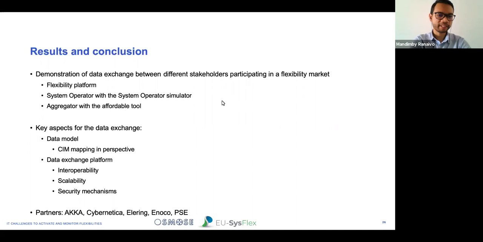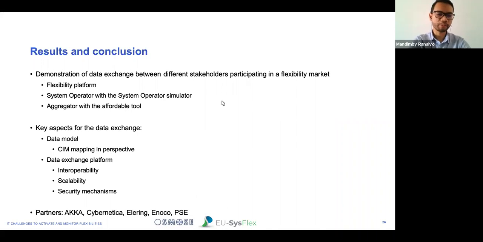The key aspects for the data exchange, as we considered in this demo, was first the data model, in which we have described the business objects and the information exchanged between the stakeholders. It ensured interoperability between those stakeholders.